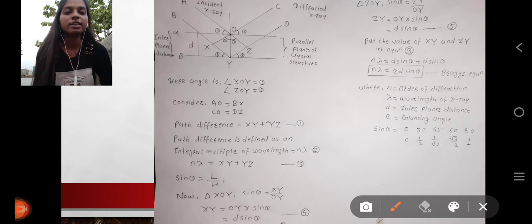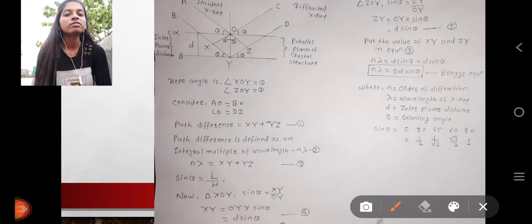There are two angles present, XOY and ZOY. So let's consider AO is equal to BX and CO is equal to DZ. There is a path difference between them. It is equal to XY plus YZ. The path difference is defined as an integral multiple of wavelength, denoted by n lambda. So path difference is equal to n lambda is equal to XY plus YZ.